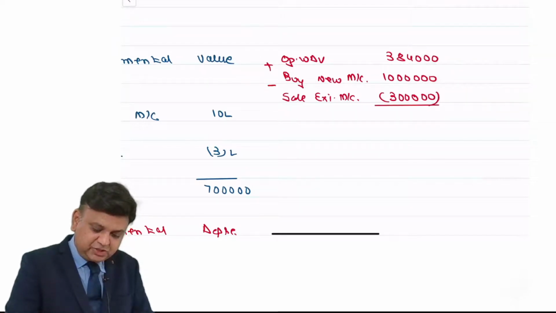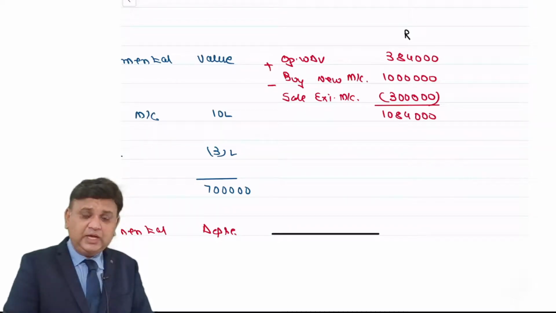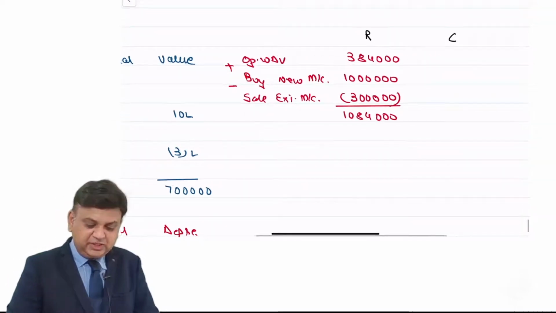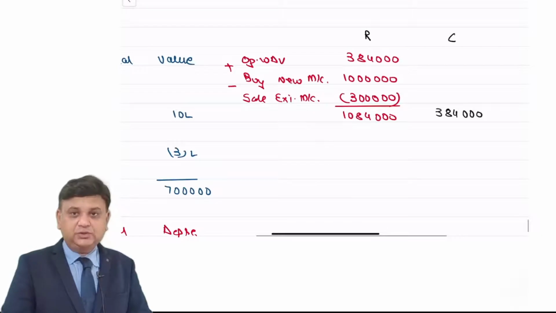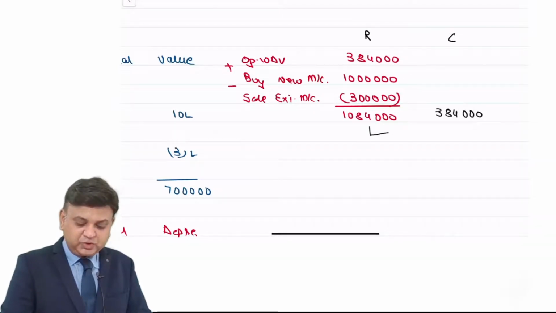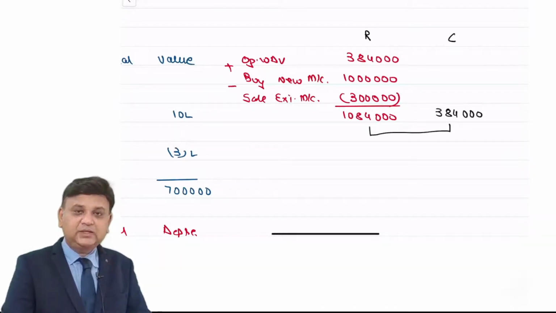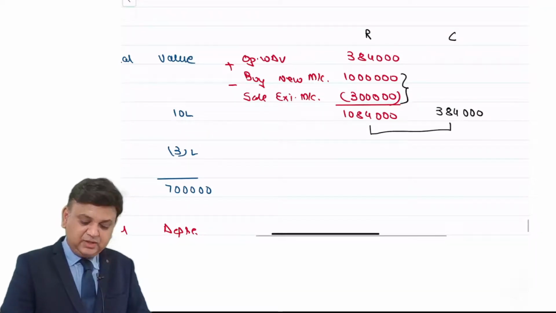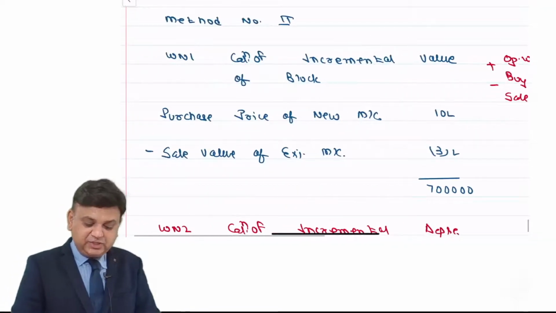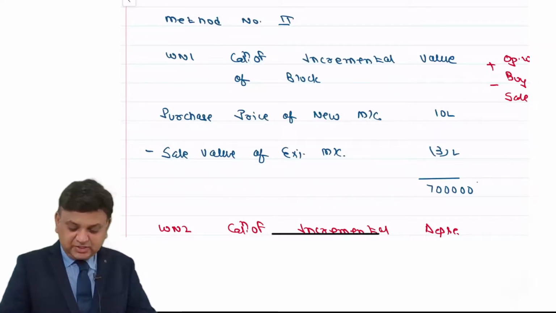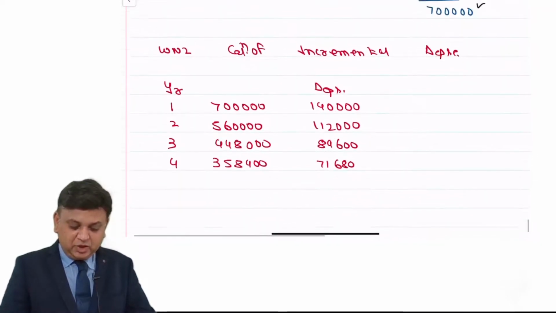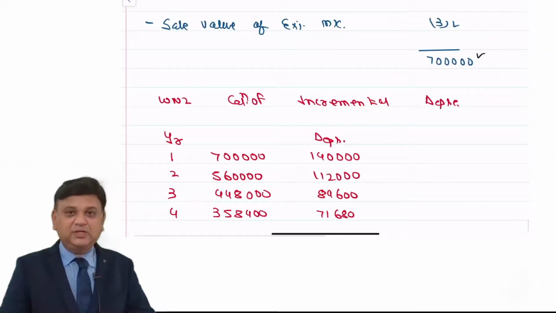So you can claim depreciation on 10,84,000 if you replace. And if you continue with existing machinery, then you could have claimed depreciation on 3,84,000. So the difference of these two is the incremental value of the block, that is purchase price of the new machinery less sale value of existing machinery. So this is the incremental value of the block on which you can claim depreciation for 4 years.